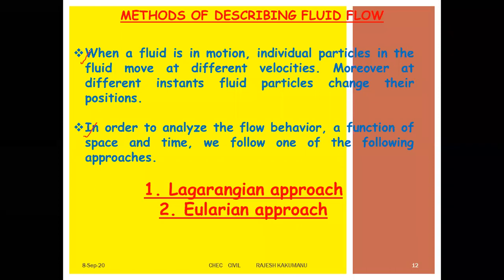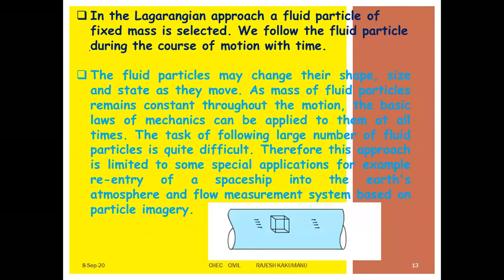What are the approaches? First is the Lagrangian approach. Second is the Eulerian approach. Lagrangian is a scientist's name. Generally we use the Eulerian approach for the fluid mechanics concept. We'll see the basic definitions.